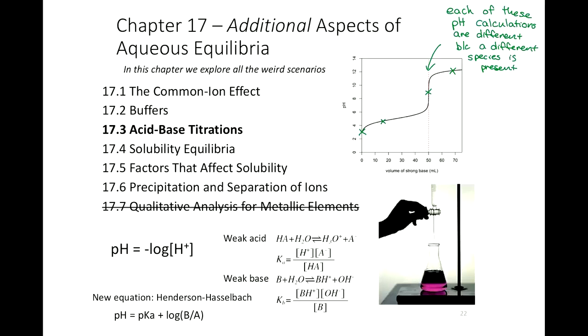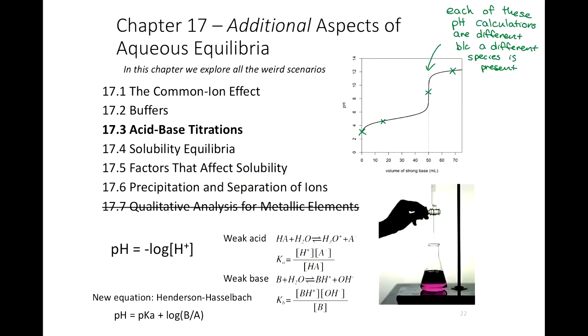The difference is during a titration, it's not obvious what is in your beaker at each point of your titration, so we need to figure out what is the important substance in my beaker for all of these points in a titration curve. We know every single calculation already, all right? So let's go and think about what's in my beaker at all of these different points. That's how I calculate the pH, all right? And you will do 2 of these labs.